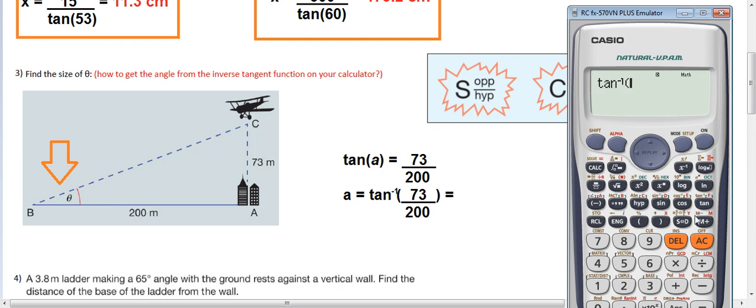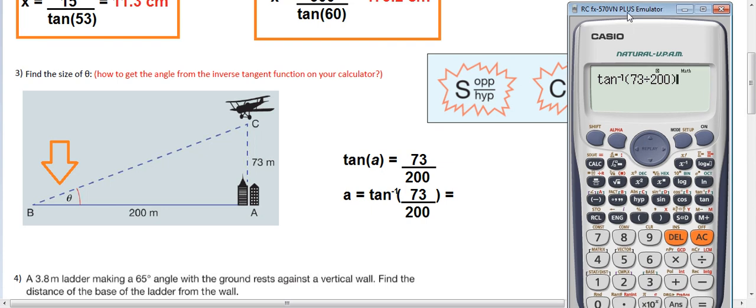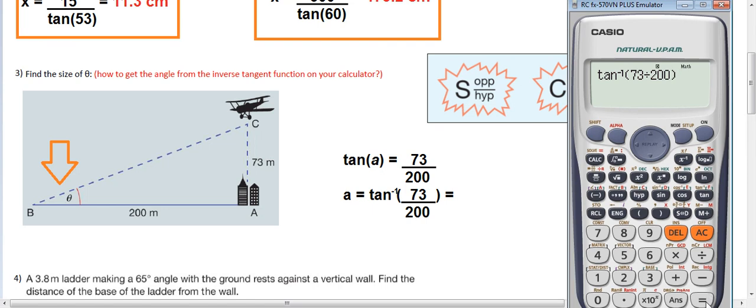So tangent minus 1 represents the inverse tangent function. So inverse tangent of 73 divided by 200. If you want, you can close the bracket here, and then we find the answer by pressing equal.